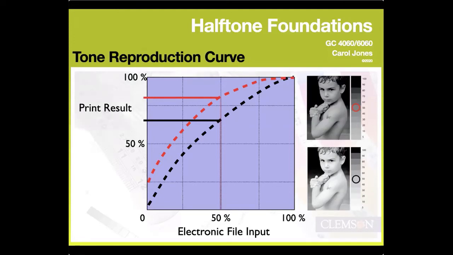And that's where, when we look at LPI of our screens that we choose, that's going to make a huge difference. You might think, oh, well, I'm going to print 150 LPI on everything because that's really fine. I'm not going to be able to see the dots, and I'm going to see the rosette pattern.